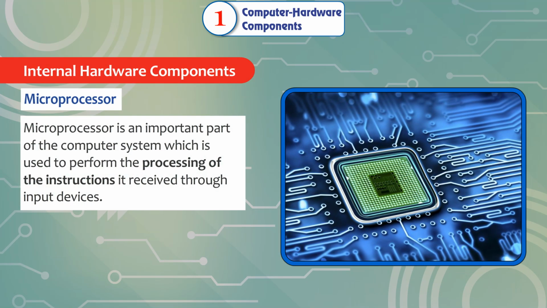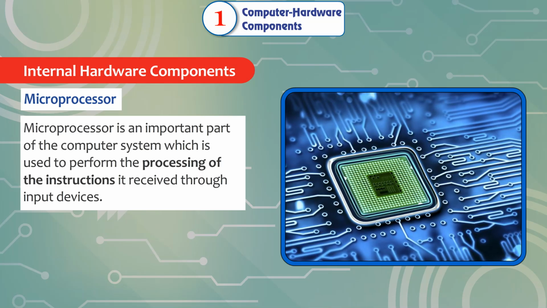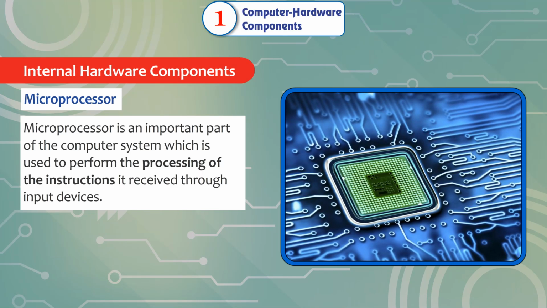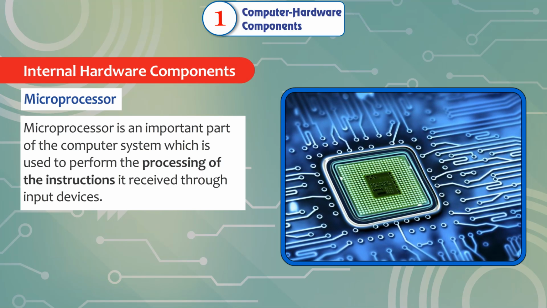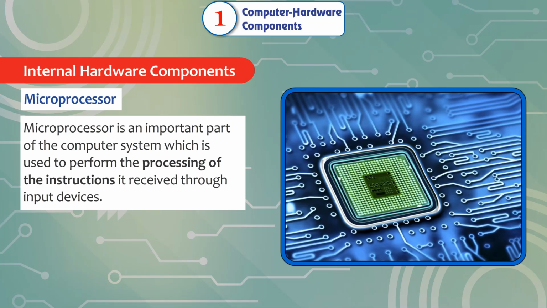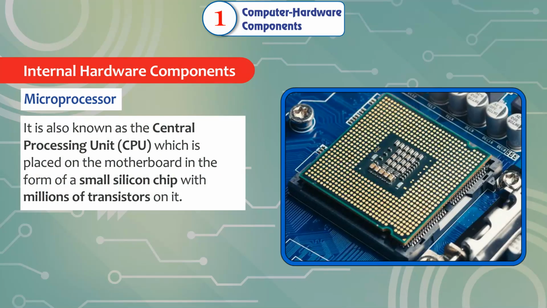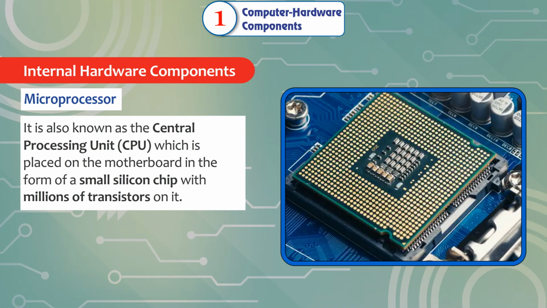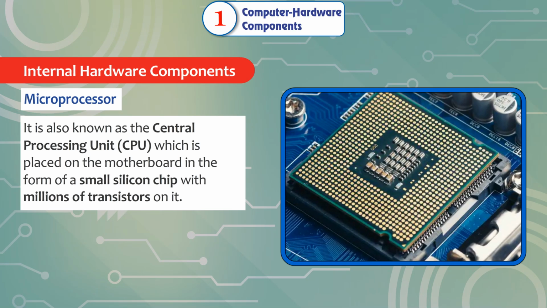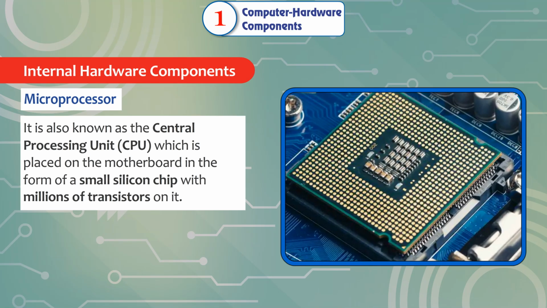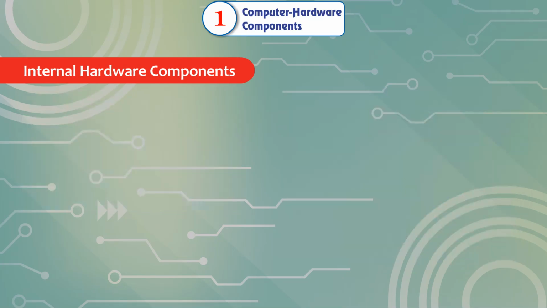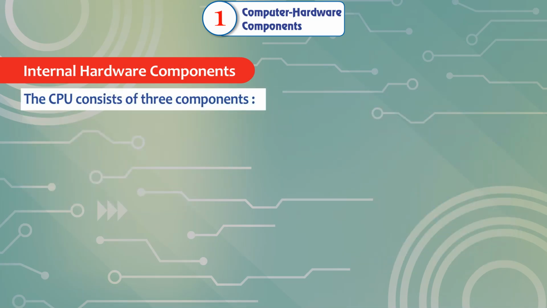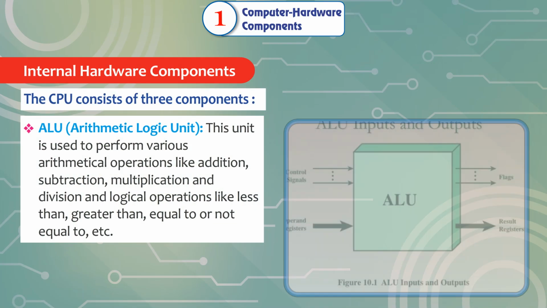The microprocessor is an important part of the computer system which is used to perform the processing of the instructions it received through input devices. It is also known as the Central Processing Unit (CPU), which is placed on the motherboard in the form of a small silicon chip with millions of transistors on it. The CPU consists of three components.